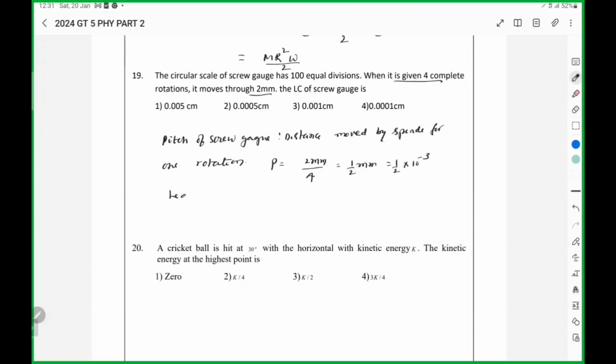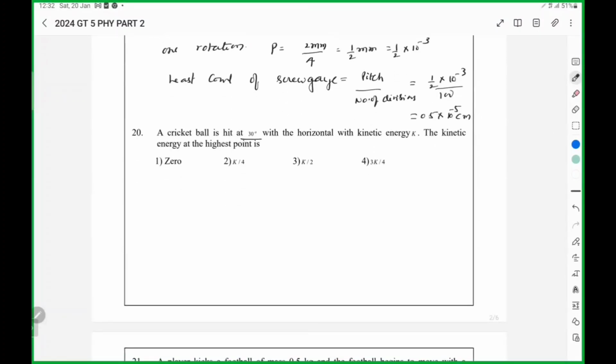So least count of screw gauge is equal to pitch by number of divisions. So half into 10 power minus 3 by 100 divisions, 10 power minus 5. Second option is correct.